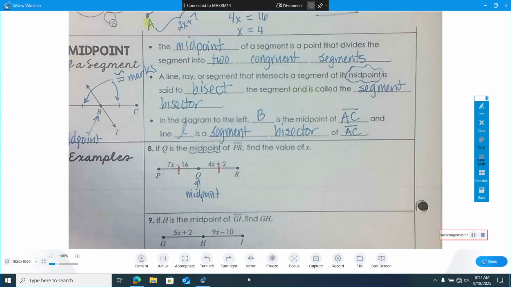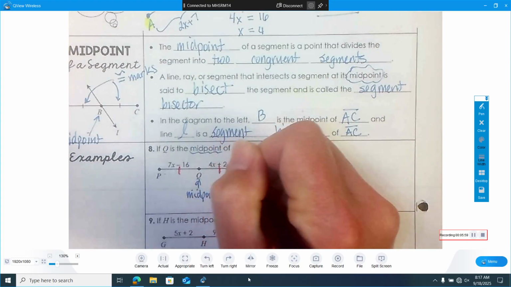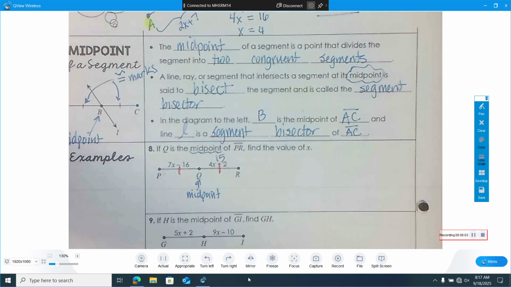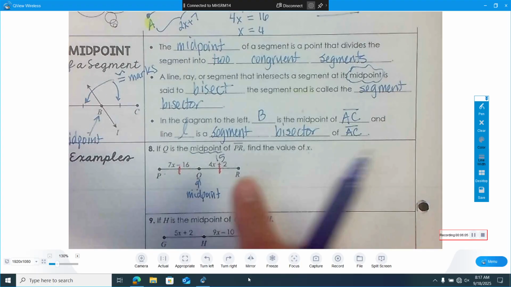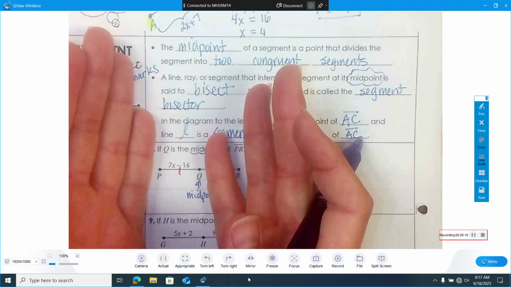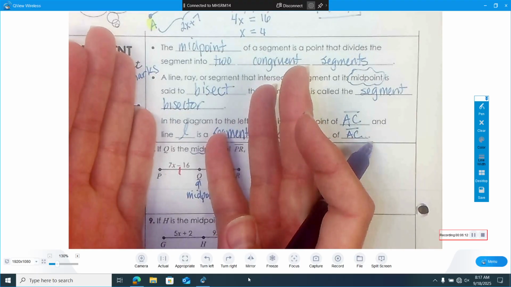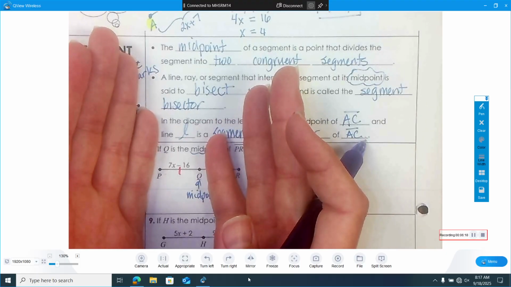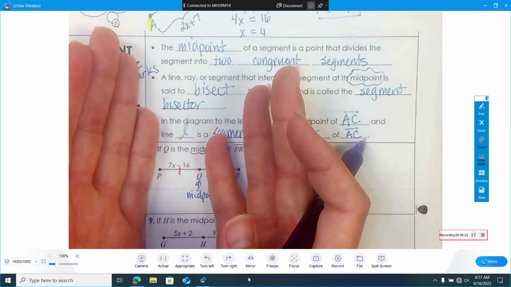What if this was not this algebra stuff, but what if it was like 15? If QR was 15, what would PQ have to be? 15. Now with that information, could we write an equation? What could we write? 7x minus 16 equals 15.